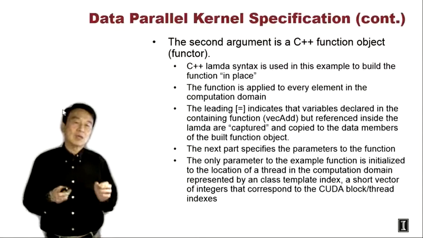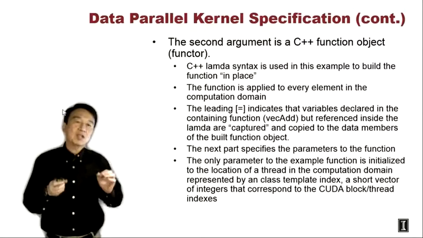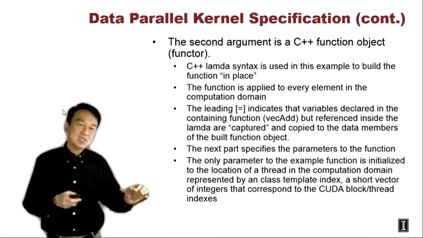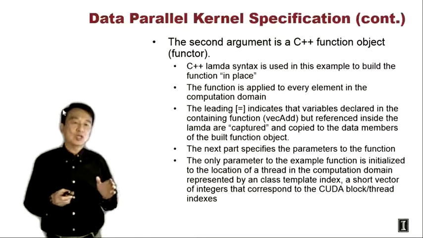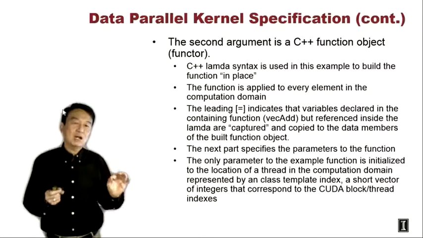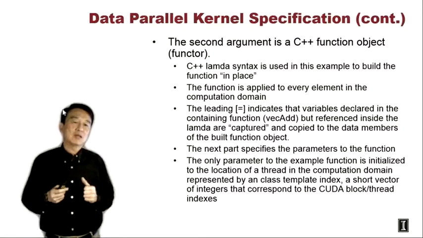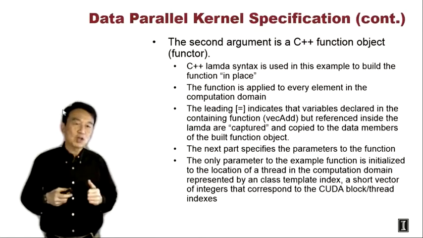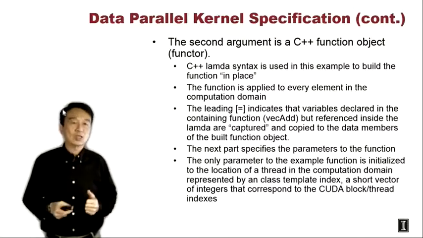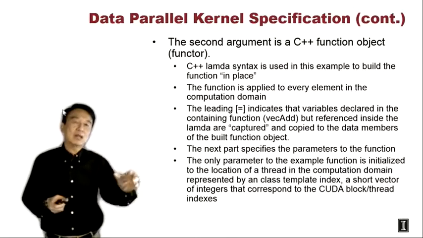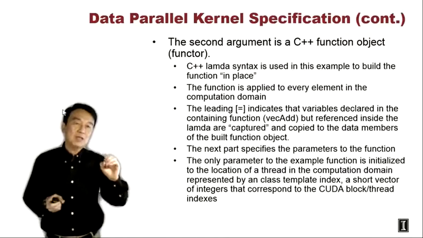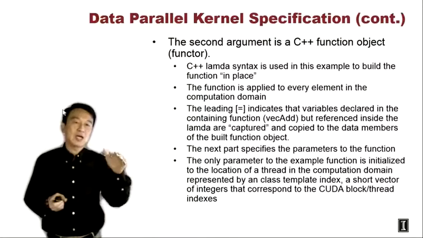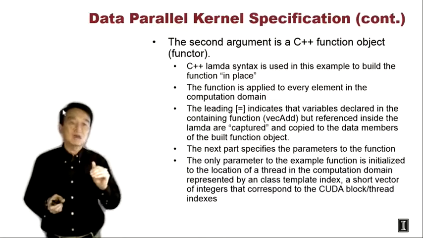So we will be using vectors A, B, and C, which are parameters to the function. These values will need to be captured and copied to the built function, which is essentially the kernel. The compiler will be implementing the capture and copy activity on your behalf.